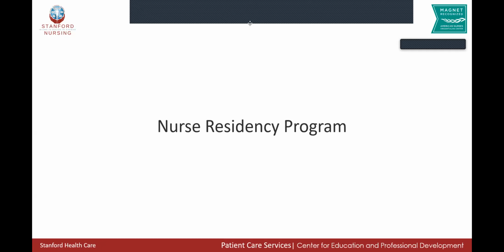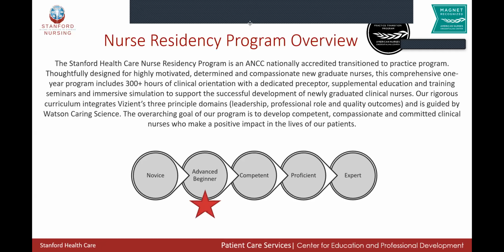Okay, so we're going to go over our program structure, if you haven't already heard this, and then we'll go into our Q&A session. Our nurse residency program is an ANCC nationally accredited transition to practice program, in which we take new graduate nurses and provide them an orientation to successfully transition from advanced beginner to competent nurse.